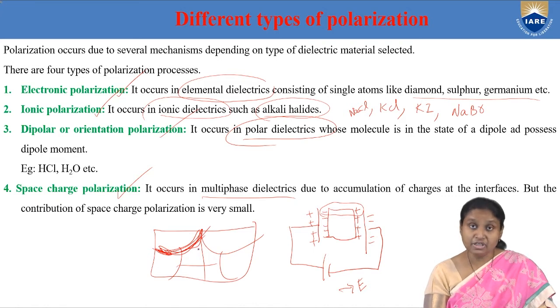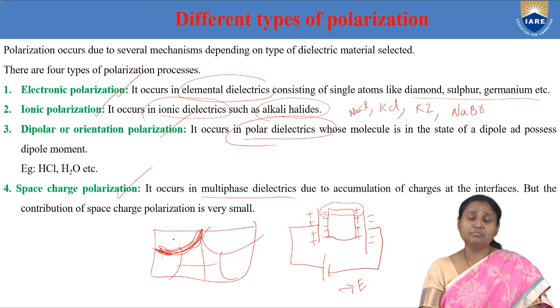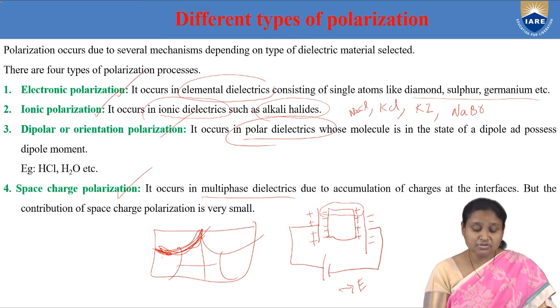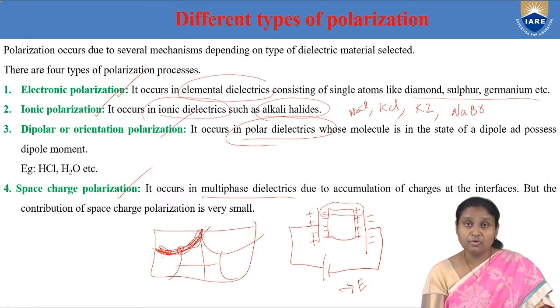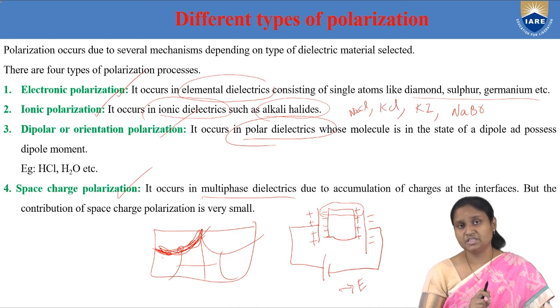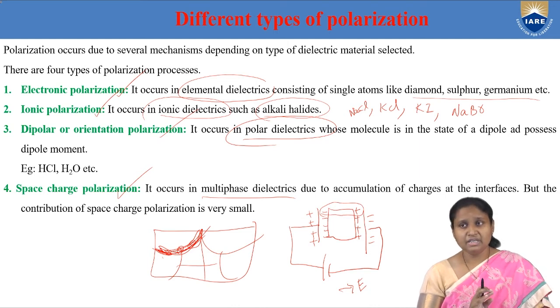When we apply an electric field to such dielectrics, there will be accumulation of charges, and these can even be vacancies, such as oxygen vacancies. So charges accumulate at these boundaries, which gives rise to a very small, negligible contribution of space charge polarization. Generally we ignore space charge polarization, so we won't take it into account.